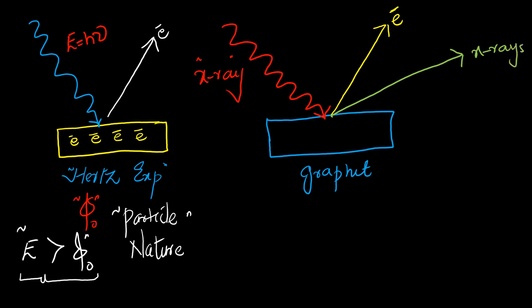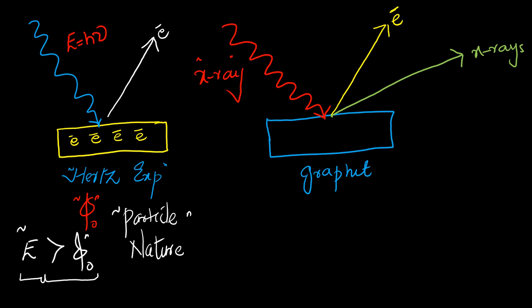So whenever a highly energetic beam of electromagnetic radiation falls on a material, it transfers some of its energy, which causes the ejection of electrons, and the remaining energy is reflected in the form of radiation with a lower energy than the incident X-rays.